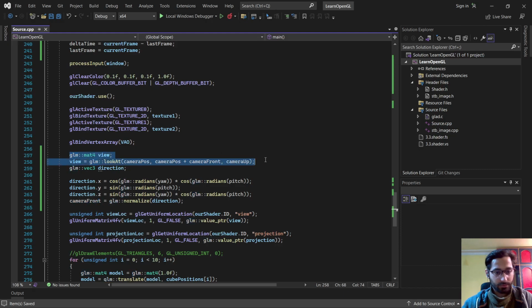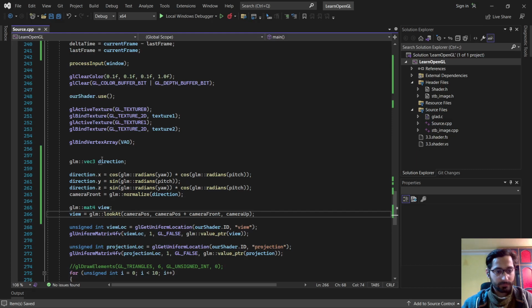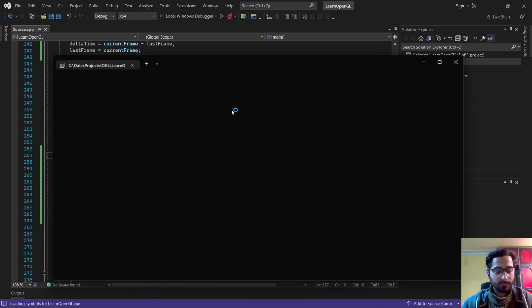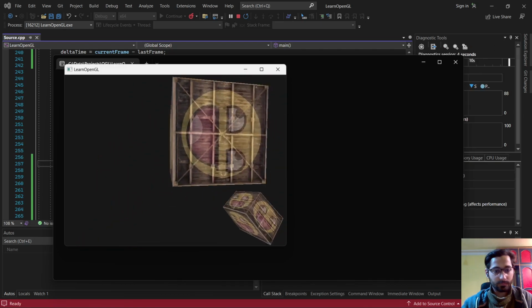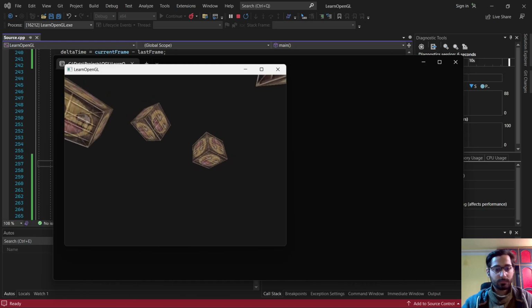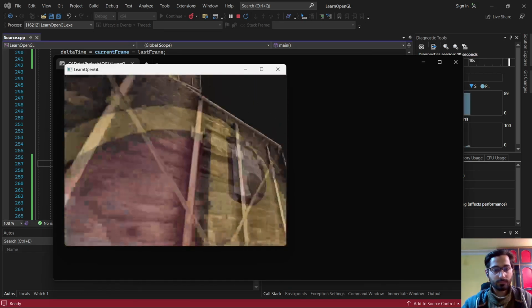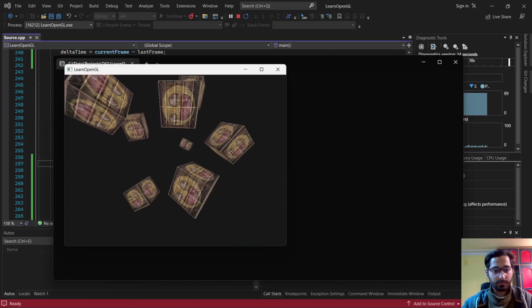So we're gonna first calculate camera front and then we're gonna set it. Okay, now we can fly around the scene. Crazy.